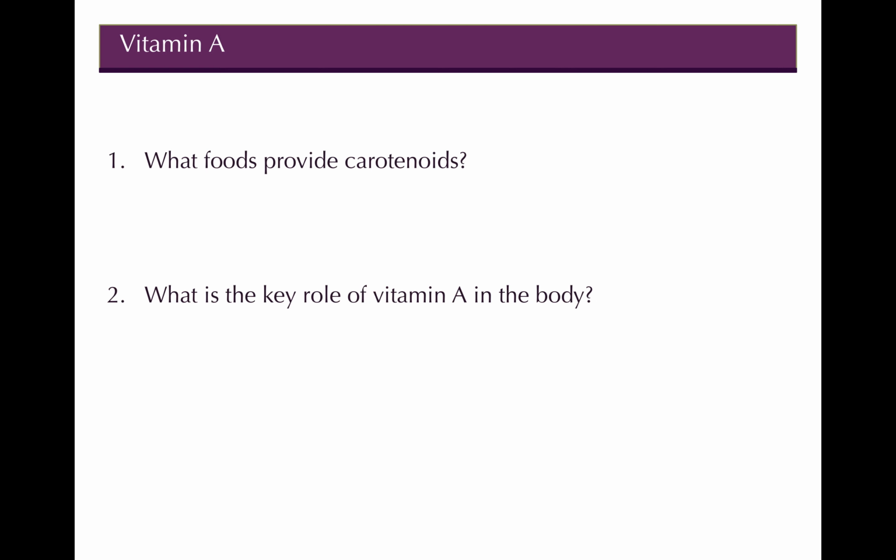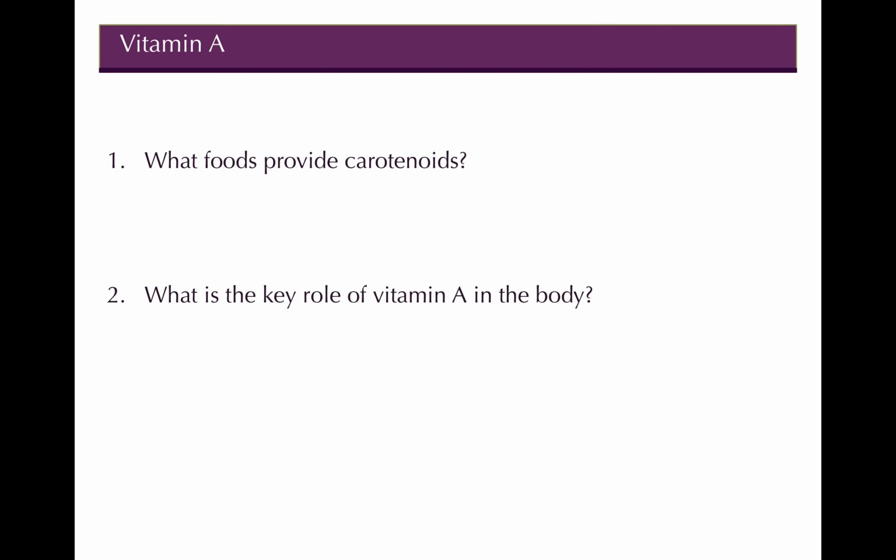First, starting with vitamin A. Usually when I teach this in person, I like to have a little bit of a discussion about what people already know about vitamin A and the carotenoids. So, think quickly to yourself, what foods provide carotenoids? Usually, most people know it's carrots, orange, red vegetables, fruits.